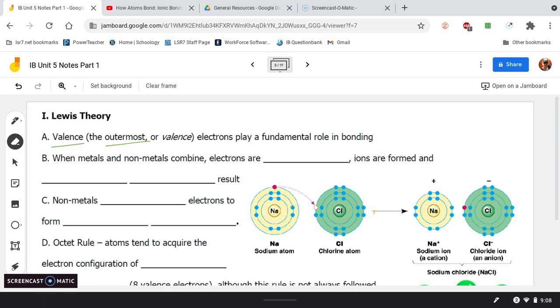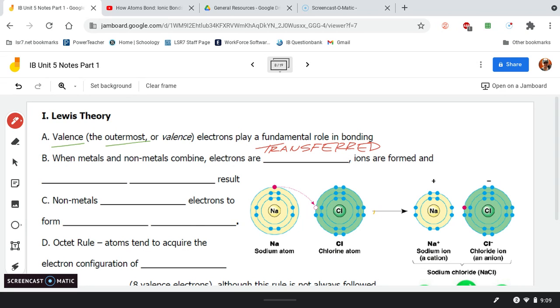B says when a metal and a non-metal combine, electrons are, and then we have our first blank. When you put a metal and a non-metal together, those electrons are transferred. They physically move. That's a fundamental part of bonding: there are two different types of bonding, based upon whether the electrons are transferred or shared.